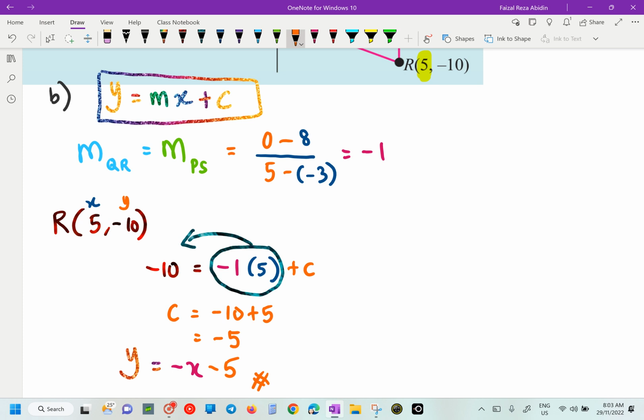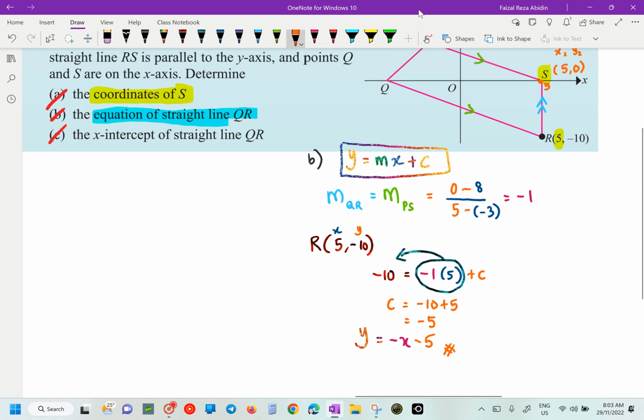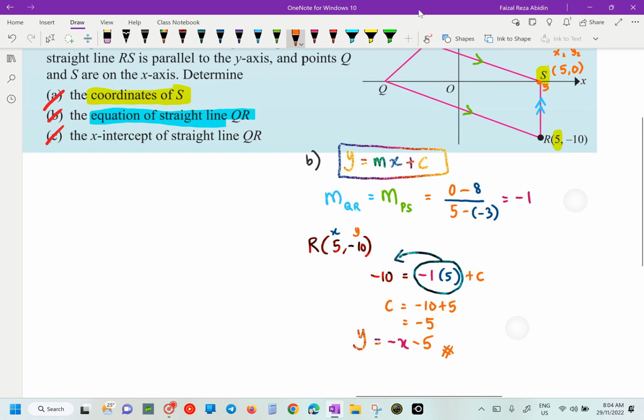Okay. Next, what we are going to do is find our c. C is going to be the x-intercept of straight line QR.